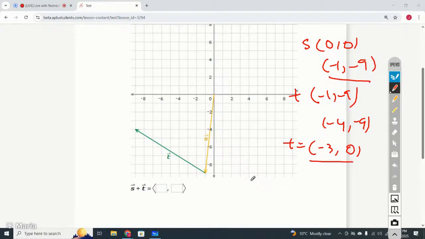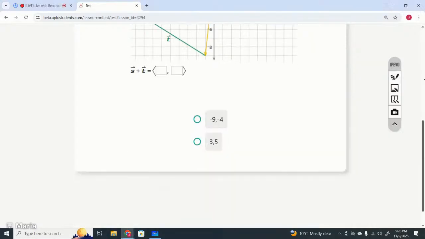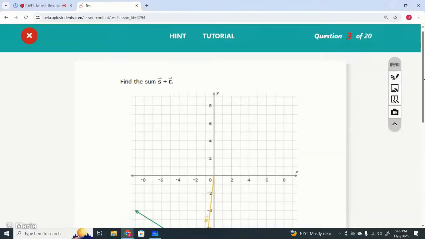Okay, now we have to use these to find the resultant vector. Negative 2 and 9 there, right? The correct option is negative 2 and 9, and still I don't have negative 2 and 9. I don't know.